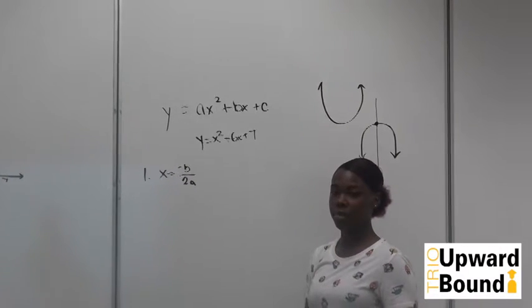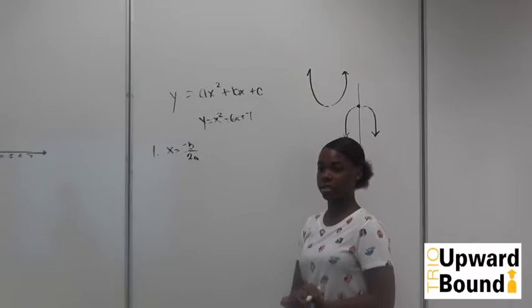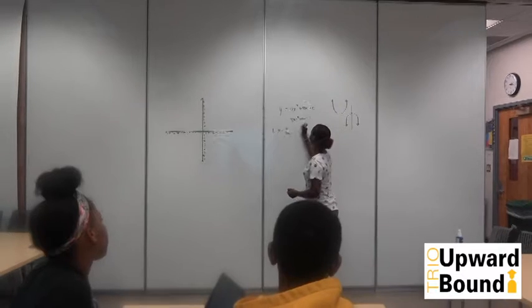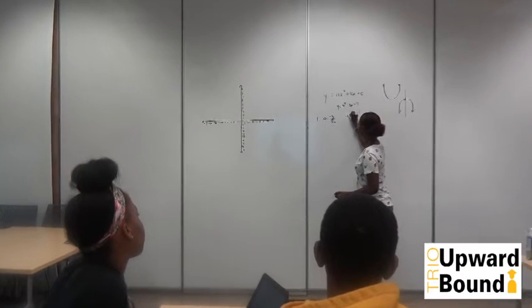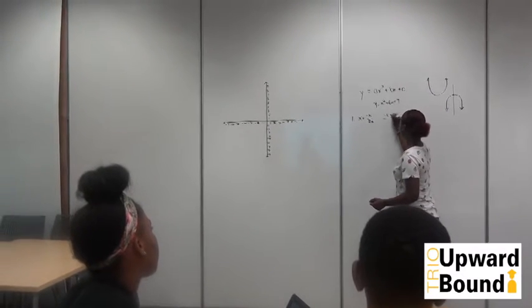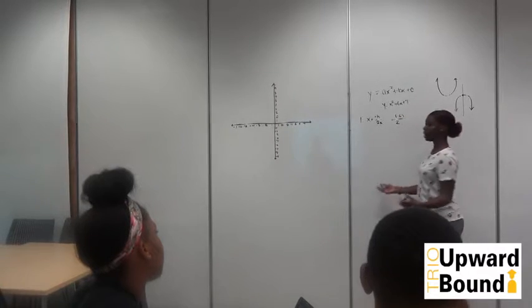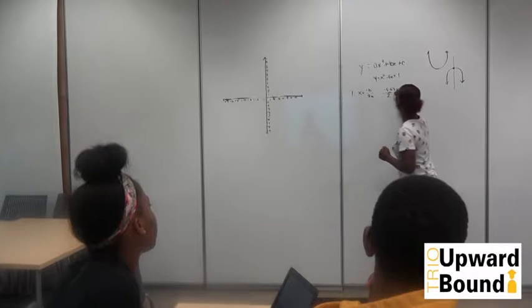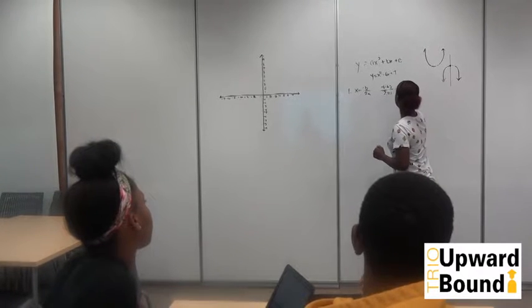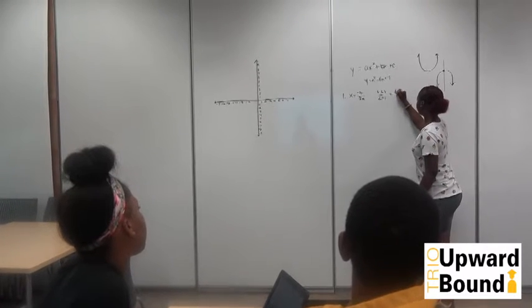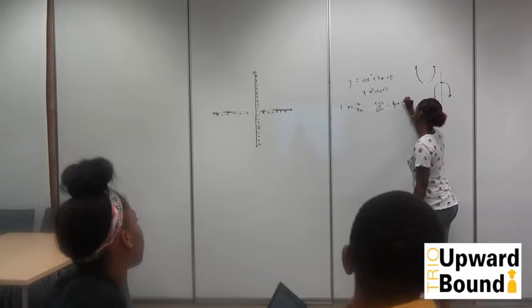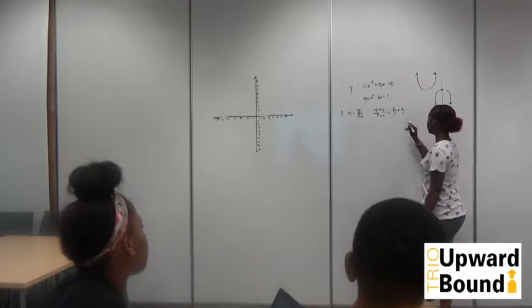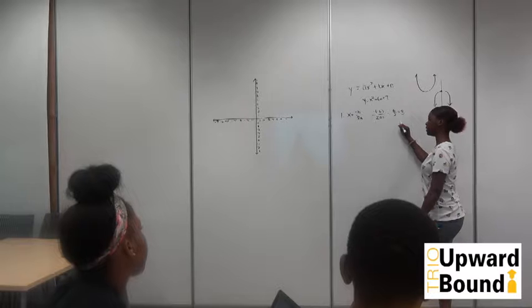So, can someone tell me what is our negative b in this problem? 6. Thank you. So we'll do negative 6 over 2. But what is our a? The a is going to be a 1. Correct. That will give us 6 over 2, which simplifies down to 3. So 3 is our axis of symmetry.